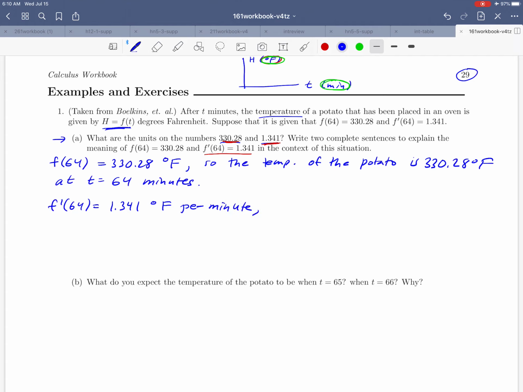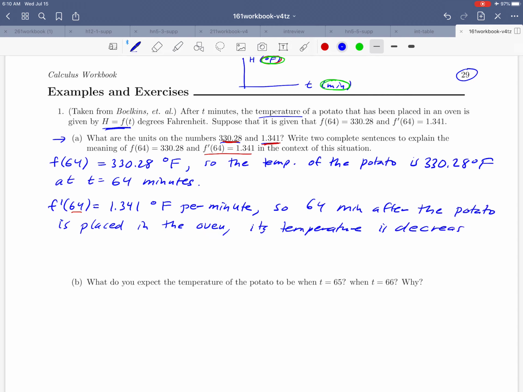And how would we explain that statement in words? It's telling us about a rate of temperature change at the time 64. So 64 minutes after the potato is placed in the oven, its temperature is decreasing at a rate of, or I'm sorry, not decreasing, increasing.